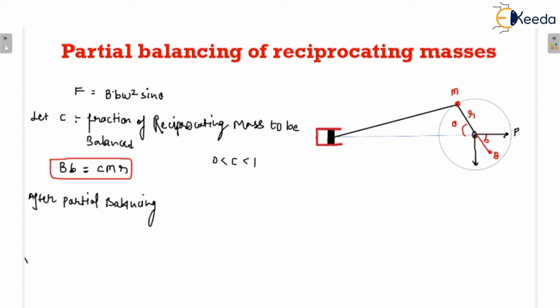The horizontal component was B b omega square cos theta, and the vertical component was B b omega square sin theta. That is the relation we got in the last topic. And we know that there is a primary force equal to M R omega square cos theta. We are doing primary balancing, so we have to consider the primary unbalanced force M R omega square cos theta.